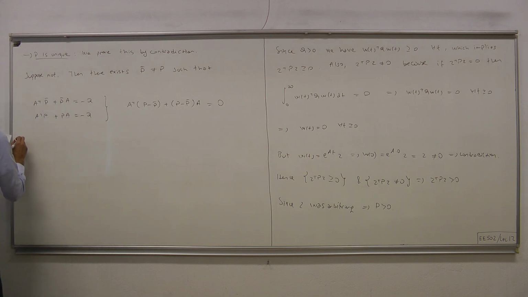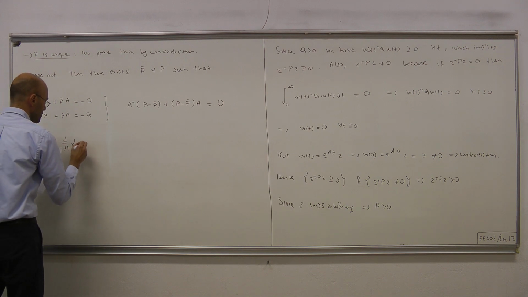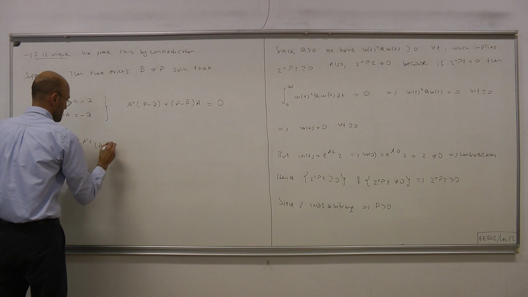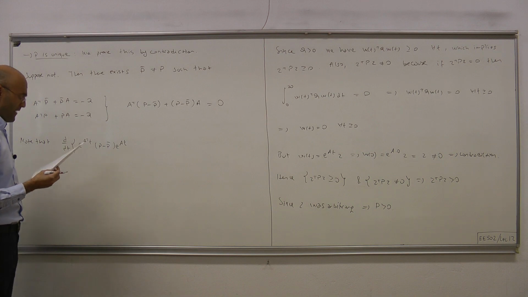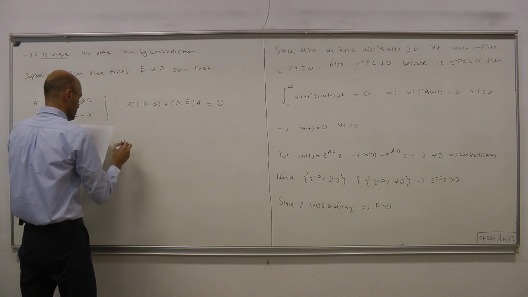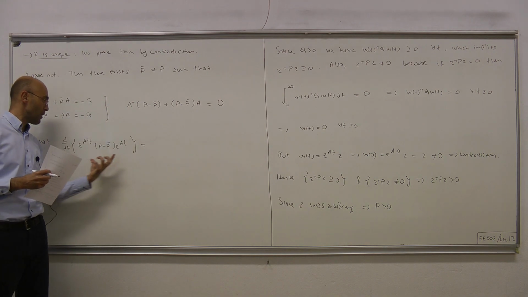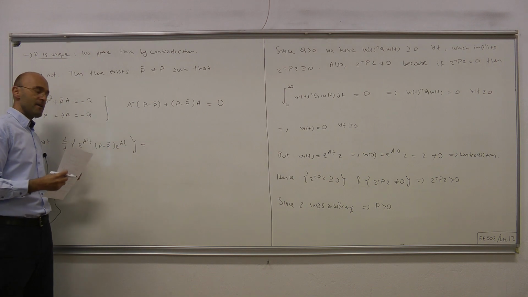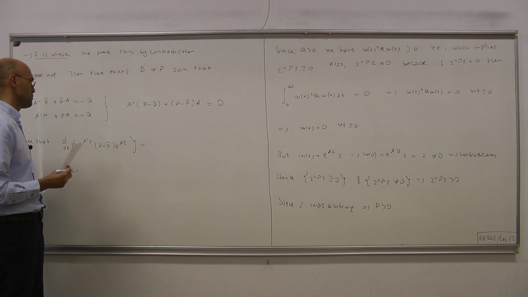Okay, now note that d over dt of e to the A transpose t (P minus P bar) e to the At, okay, equals, now if you differentiate this, what you have is derivative of this times the rest, and then derivative of this multiplying from right the rest, like the chain rule generalized to the matrix case.